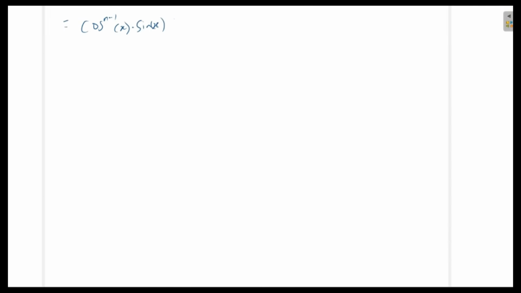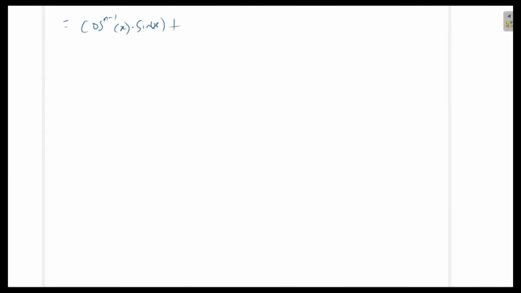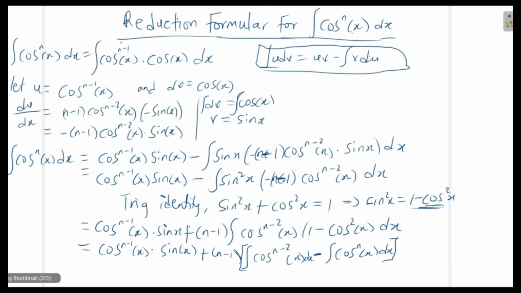Then plus, so what I'm doing is that I'm going to expand this by the n minus 1. So n minus 1 will multiply this side, and n minus 1 will also multiply the other side. So we are going to have n minus 1, then the integral of cos to the power n minus 2 of x dx. Right, that is for the first one.